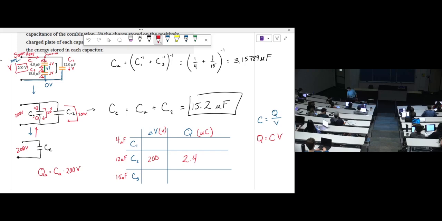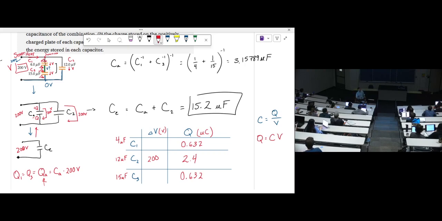That gives me a charge on each one of these of 0.632, because the charge on Q sub A has to be equal to the charge on 1 and the charge on 3. So now I know how much charge is on each one of those capacitors here in this left branch. Capacitors in series carry the same charge.